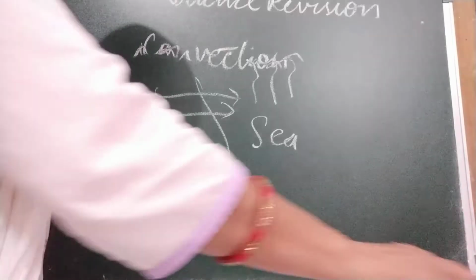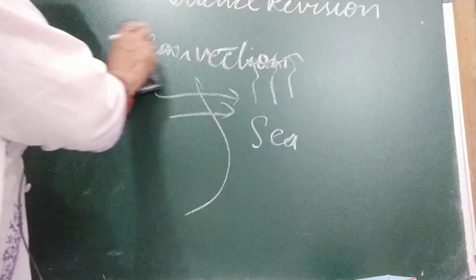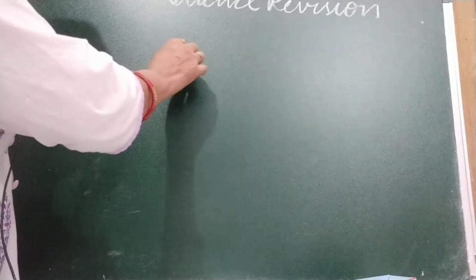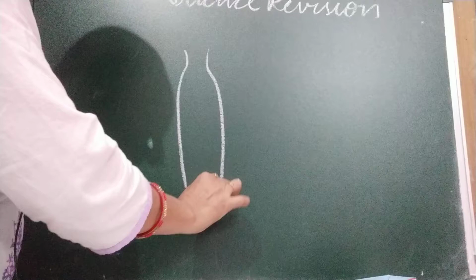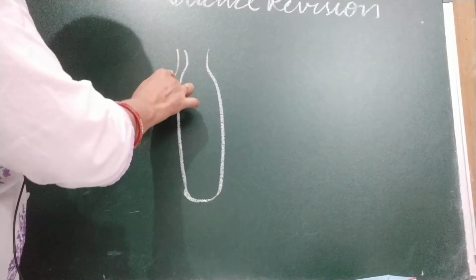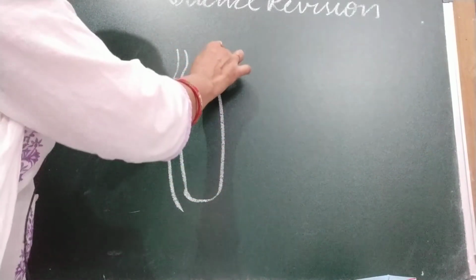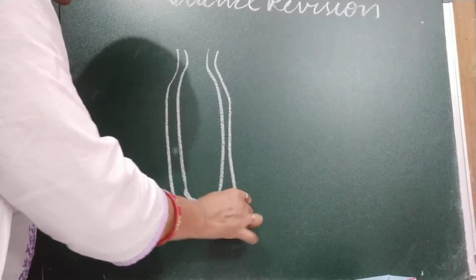Now children, we are going to discuss one device, the thermos flask. A thermos flask is a device in which all three things take place. As we know, it is a double-walled structure.